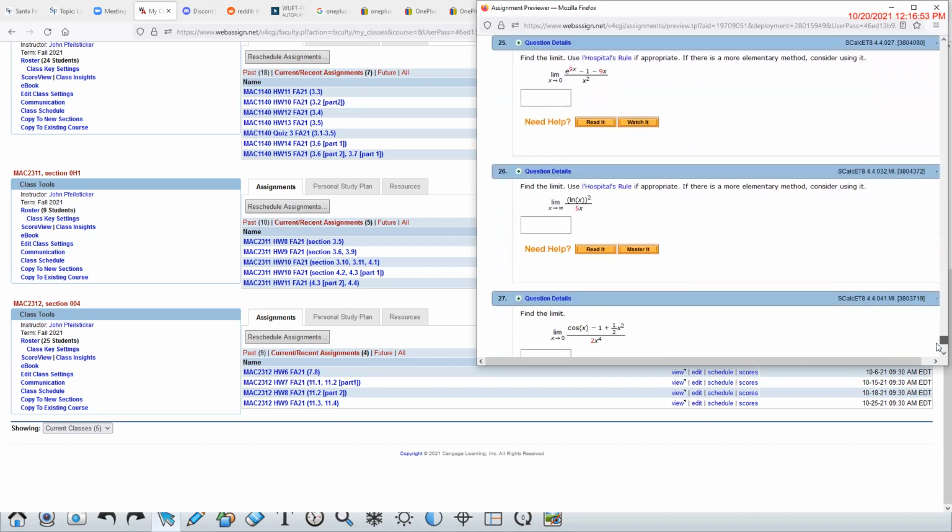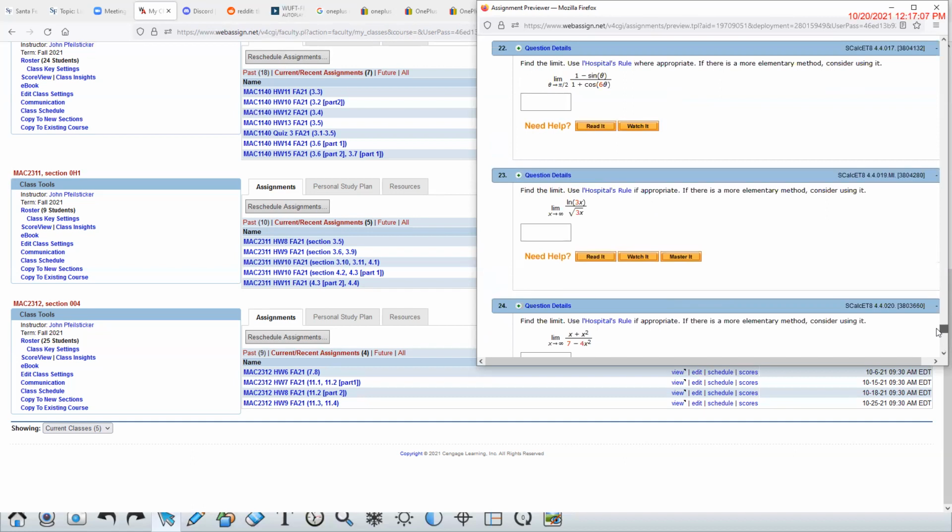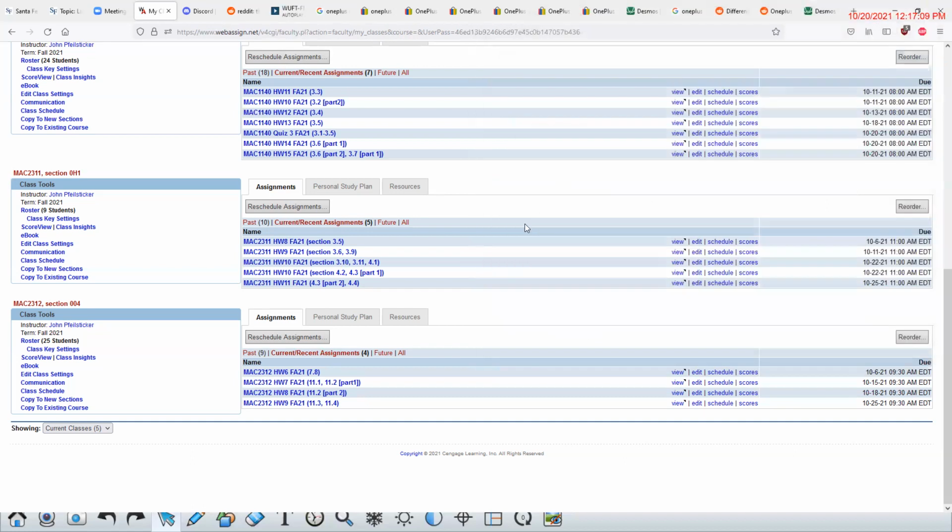Did I give you any indeterminate powers? Maybe not. Nope, okay, you should be able to finish this homework. I will give you more 4.4 stuff down the road, but everything in this homework right now is just indeterminate ratios and definitions. So next time I'll show you how to handle indeterminate differences, indeterminate products, and indeterminate powers.